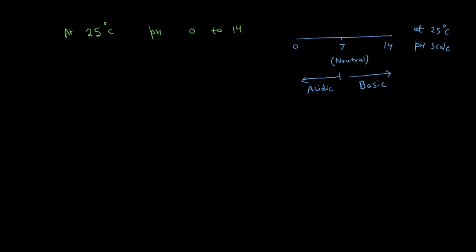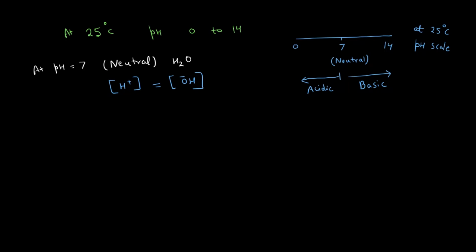Okay, so we can say that at pH equals 7, we have a neutral solution, for example water, and at this stage our H plus ion concentration is equal to OH negative ion concentration.